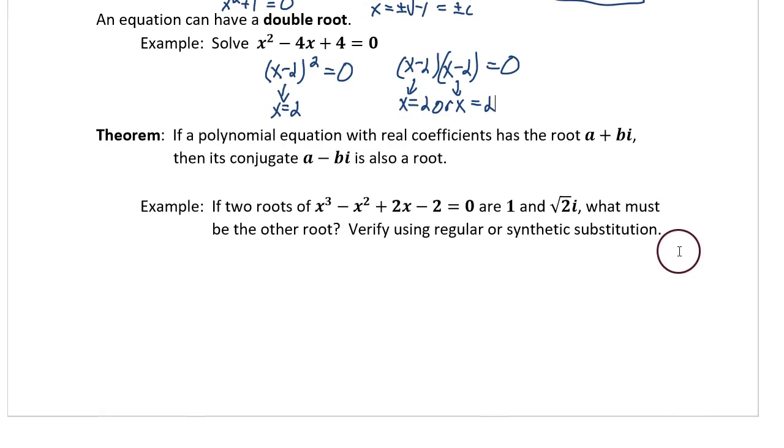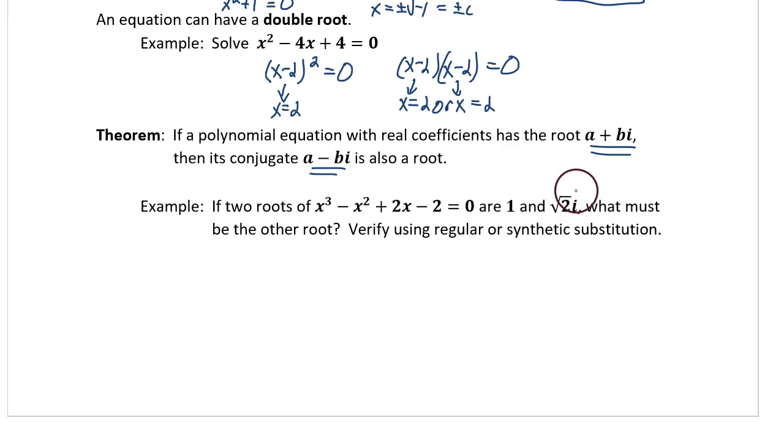Here's the theorem. If a polynomial equation with real coefficients has a root in this form, then its conjugate is also a root. Here's an example. If 2 roots of this equation are 1 and the square root of 2 i, what must be another root?